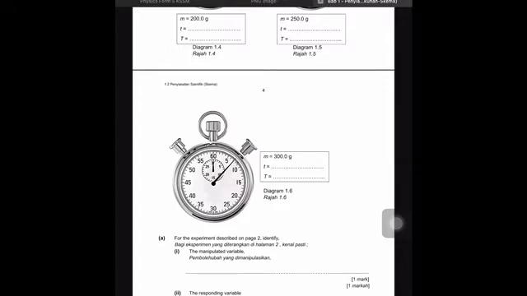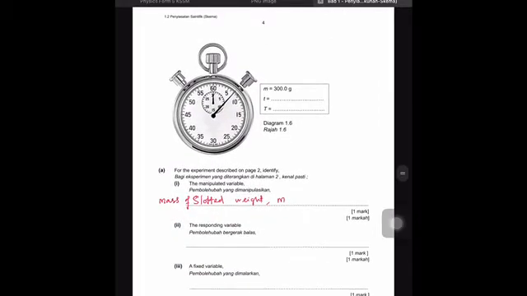So what is your manipulated variable? The mass of slotted weight, that is your m. What is your responding variable?